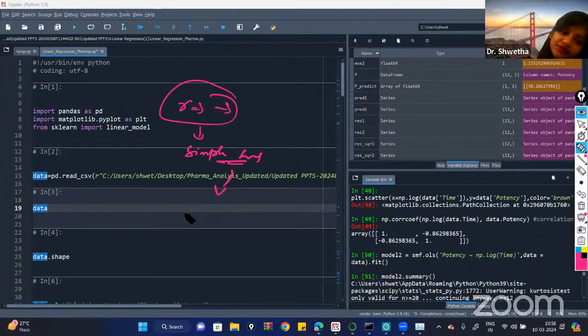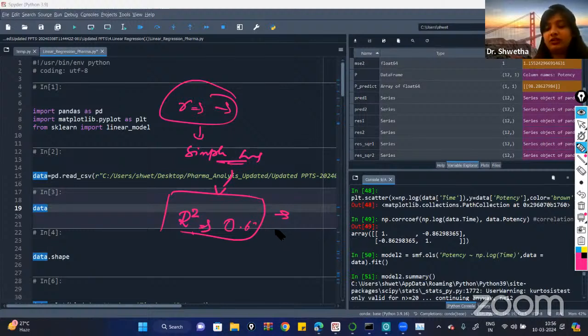Applied this technique and we found out that R squared is 0.6, which was not a good fit, but moderate. So we applied logarithmic transformation and increased the accuracy and overall decreased the errors.